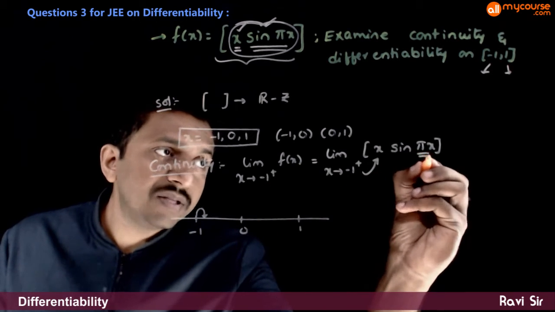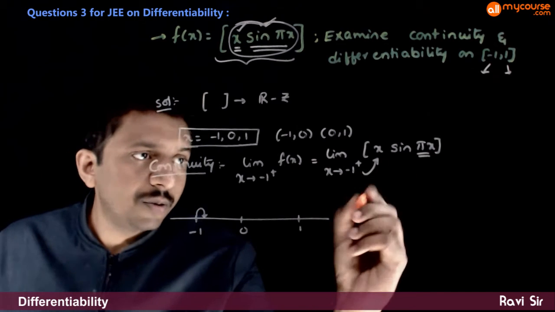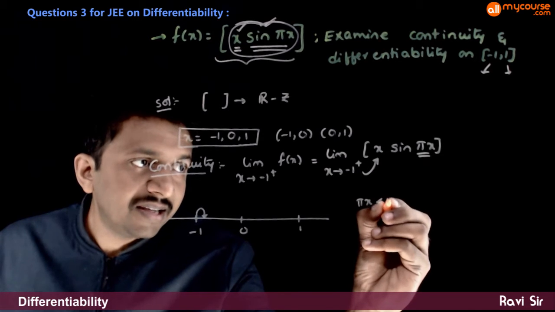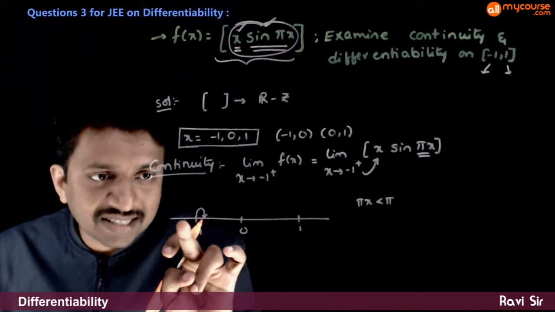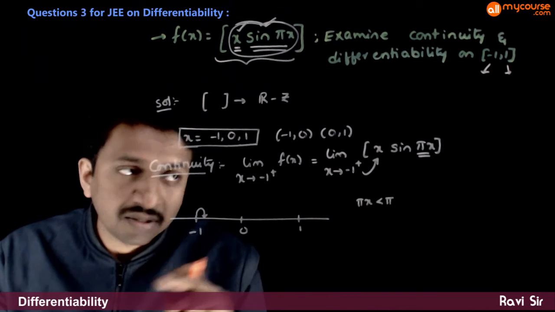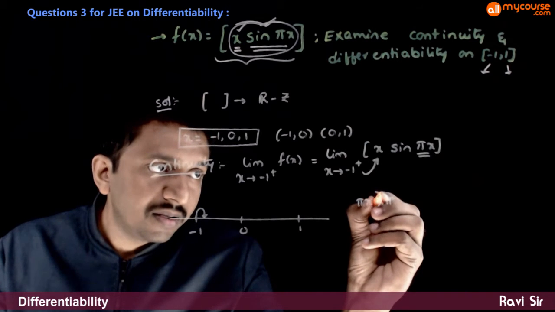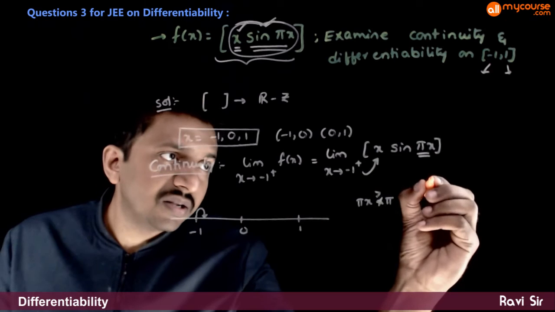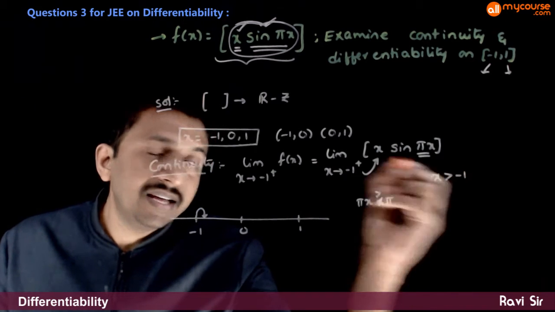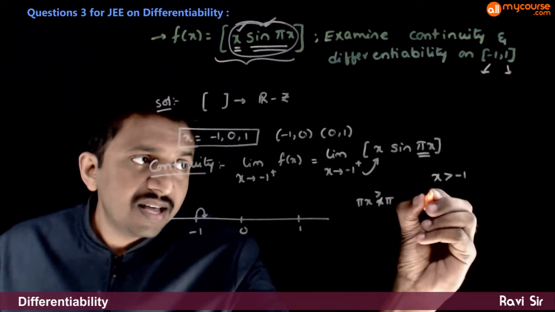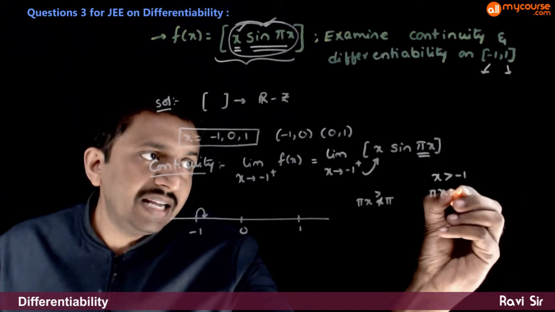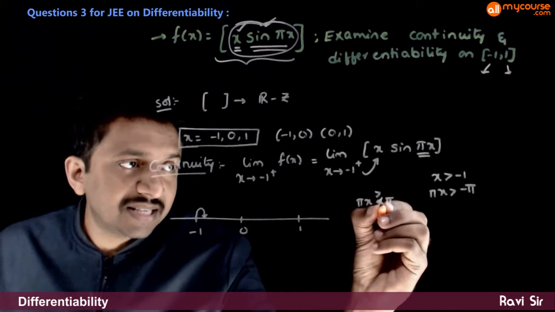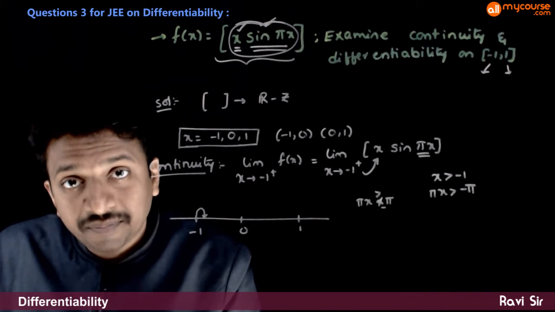So x is slightly greater than -1. Hence, pi x is slightly greater than minus pi.